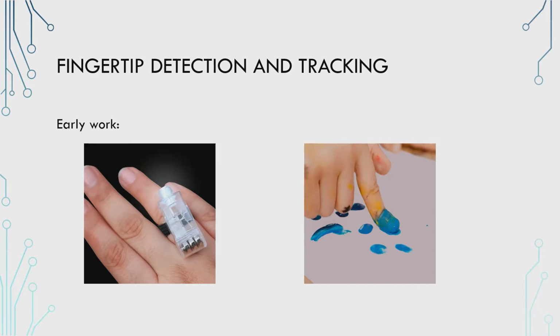An example of this would be attaching an LED light to the fingertip. In another study, paint was applied to the fingertip and the system would search the environment for that color. These approaches are inconvenient considering the environmental restrictions and the need to reapply the paint or wear the LED light each time you want to use the system.